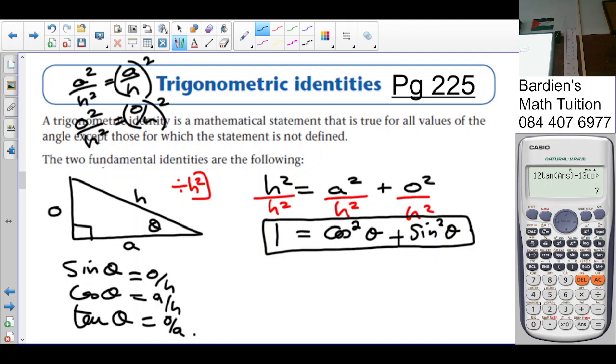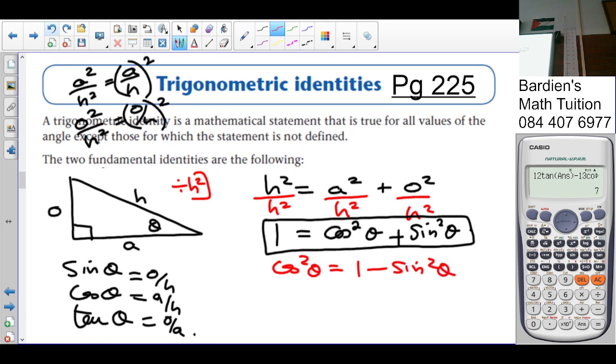So another formula can be derived from there by making cos the subject of the formula. What can we say? Cos squared theta equals 1 minus sine squared theta.